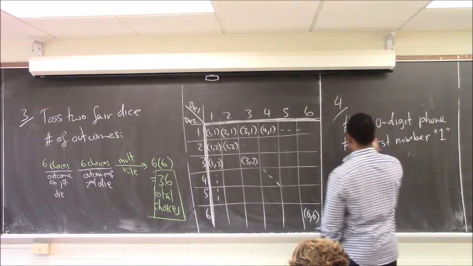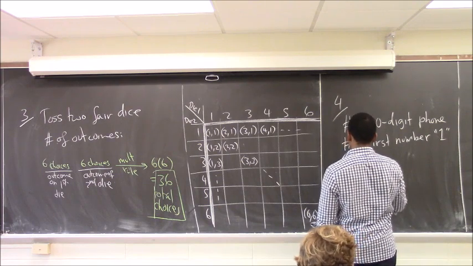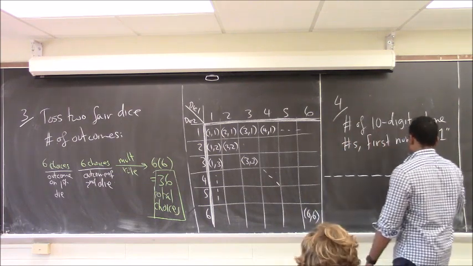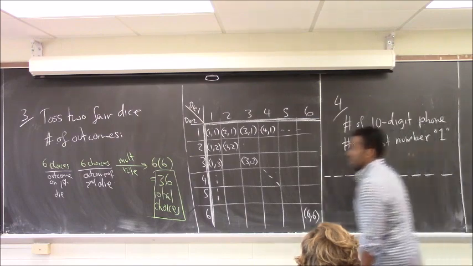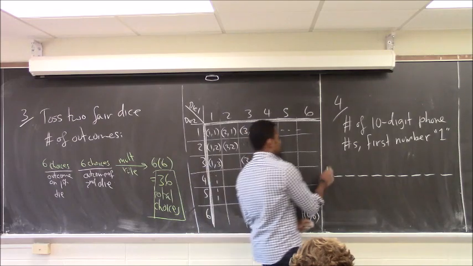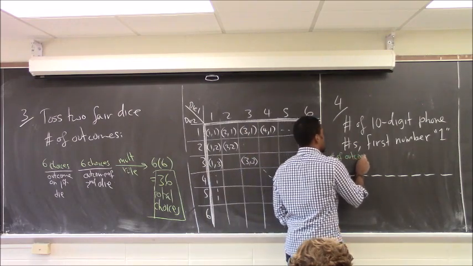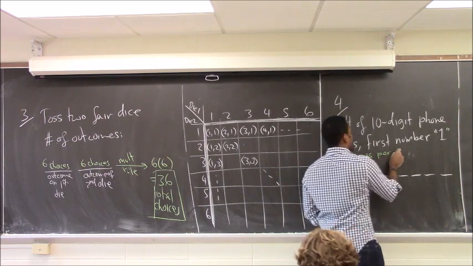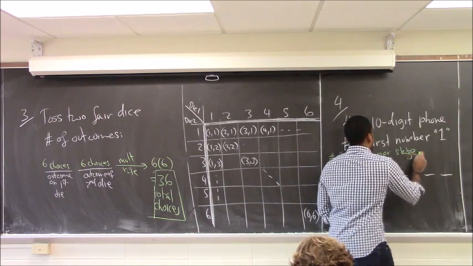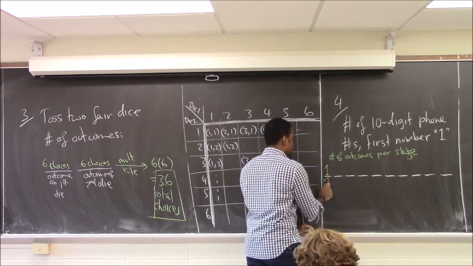But we can apply the multiplication rule to 10 stages: 1, 2, 3, 4, 5, 6, 7, 8, 9, 10. And we can count the number of outcomes per stage. Well, in stage 1 there's only one possible outcome. Literally, it has to be the number 1.